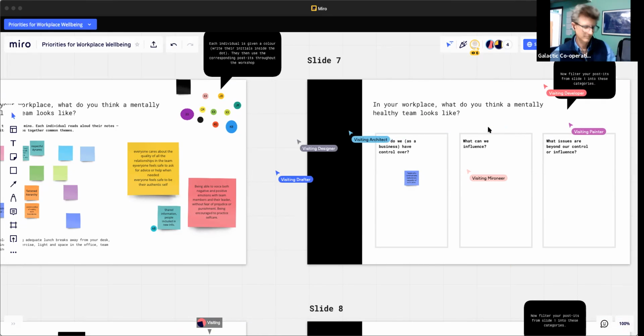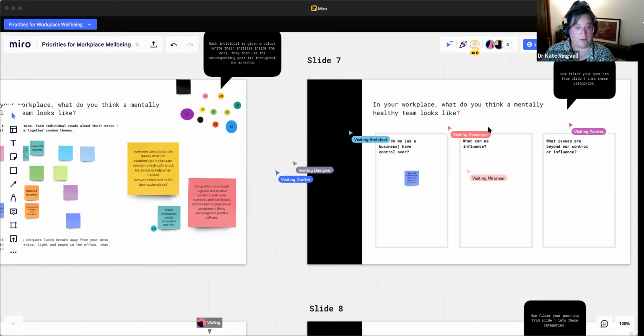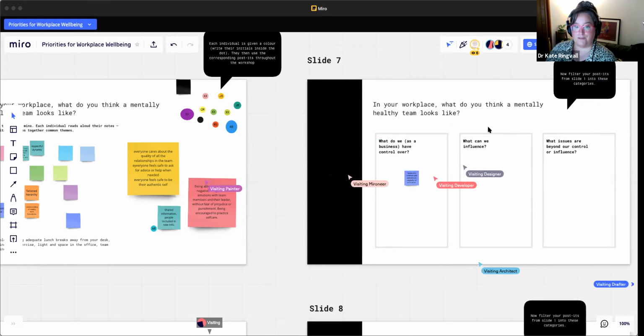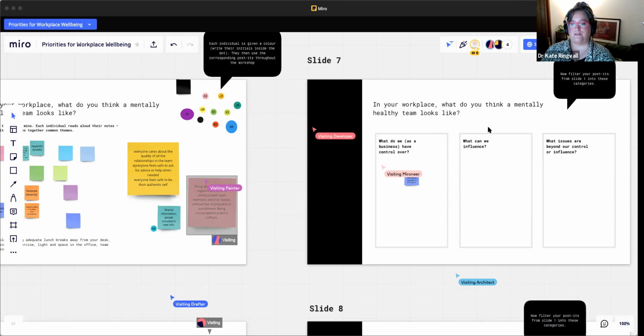So the question is, in your workplace, what do you think a mentally healthy team looks like? And some people have already started. Excellent. So get your post-it notes that you've already written from slide 2 and put them in one of the categories: what do we as a business or organization have control over? If you have to imagine as a business, that's fine.